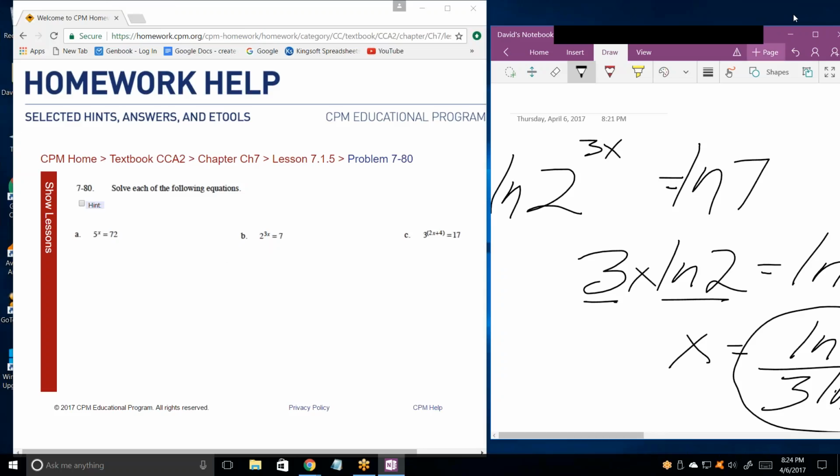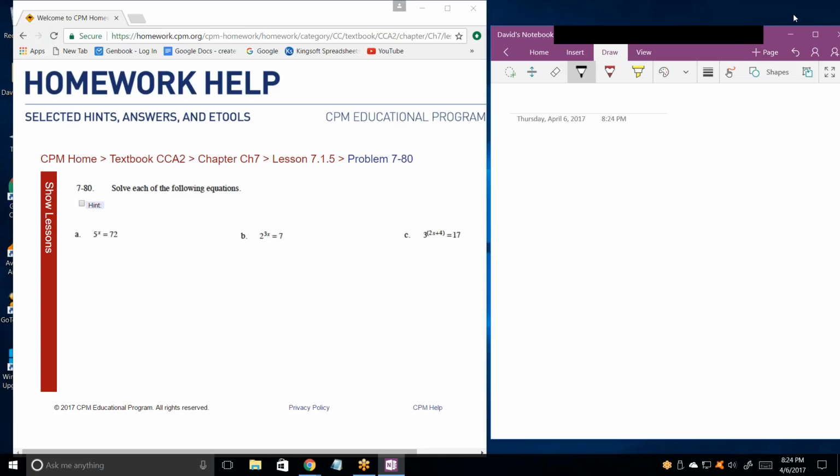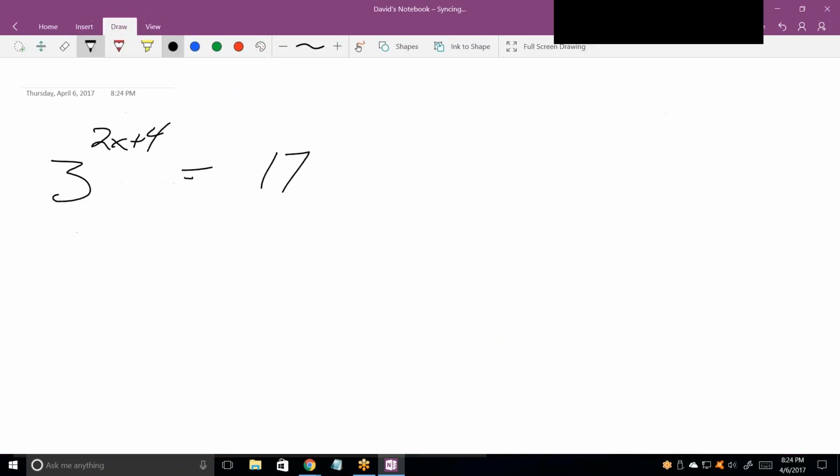And the last one is 3 to the 2x plus 4 equals 17. Notice, whenever I'm writing an exponential equation, I leave room. I don't put that 17 right next to the equal sign because I know I'm going to have to take the logs of both sides.